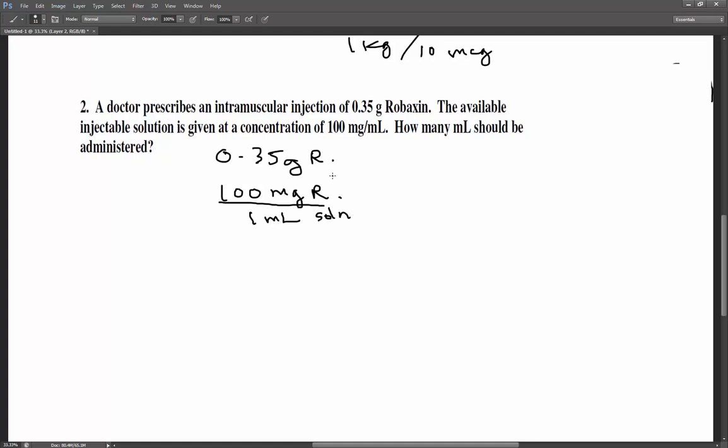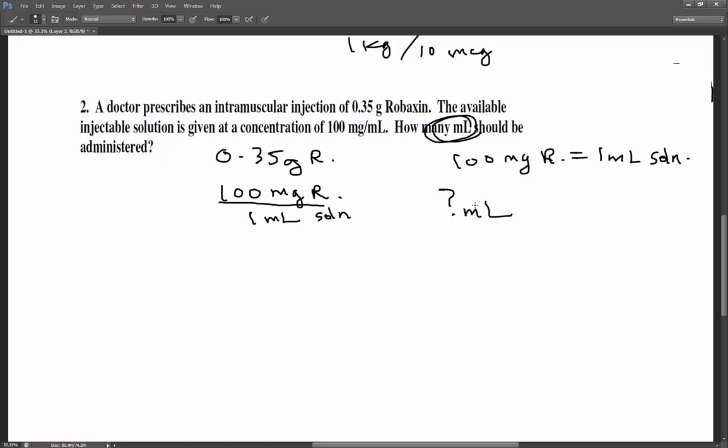And I could also alternatively write that as 100 milligrams of Roboxin is equal to 1 milliliter of solution. Take that conversion factor back to its equivalency. And they want to know, this is step 2, what are the units? They want to know how many milliliters.